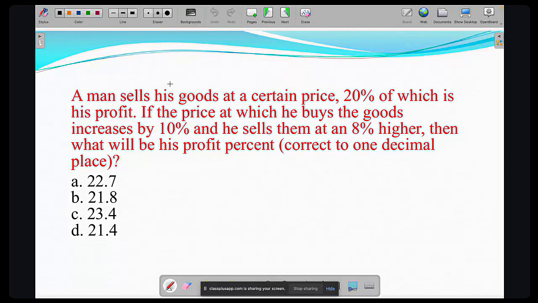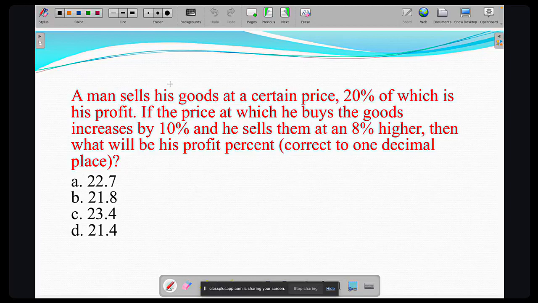Be careful while doing this question. It is one of the main questions in CGL. A man sells his goods at a certain price, 20% of which is his profit, which is very important.